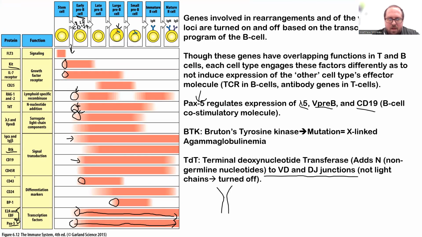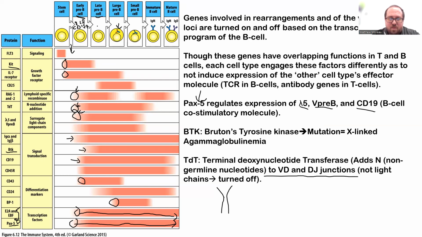CD19, CD45, and BTK are all really important in transitioning the B cell from the early pro B cell to the late pro B cell.